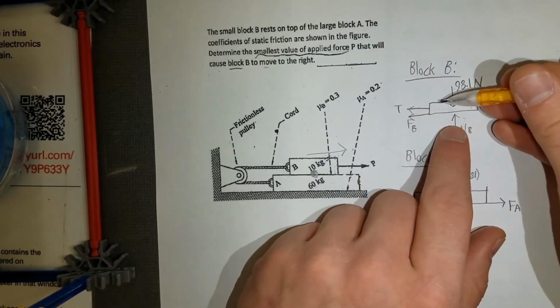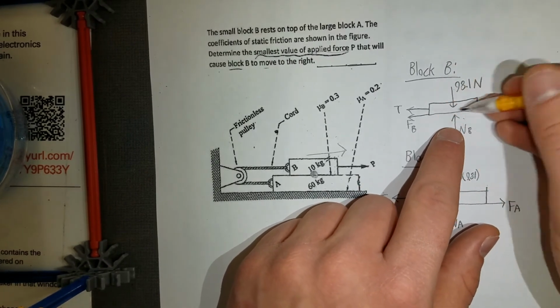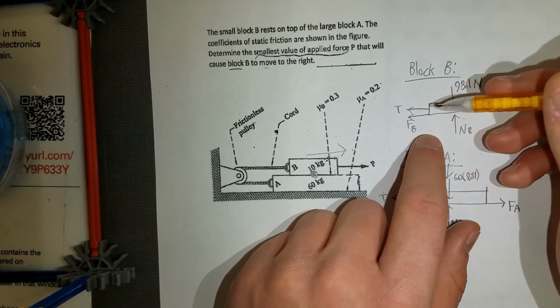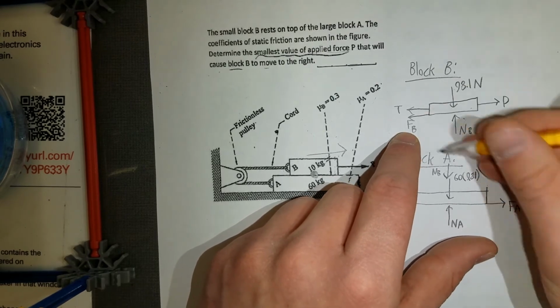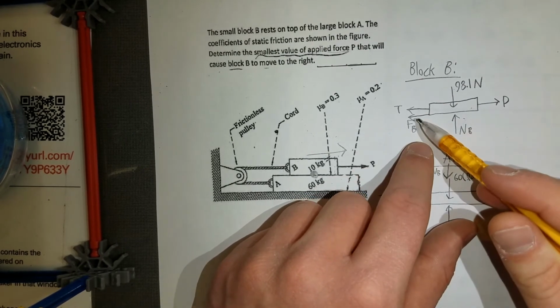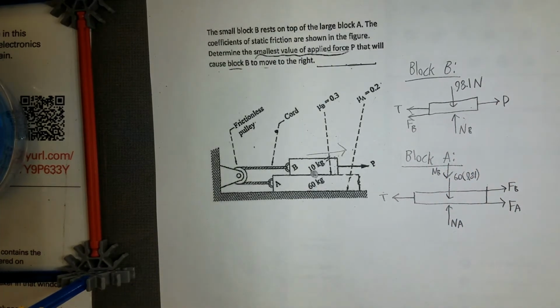And that's where the free body diagram of block B is going to come in handy. Because in block B, we drew it to oppose the motion to the right, meaning that friction went to the left. Well, again, our equal and opposite reaction forces tells us that FB is going to be acting to the right, opposite of what it is acting on block B. And those should be all of the forces that would be acting on block A.